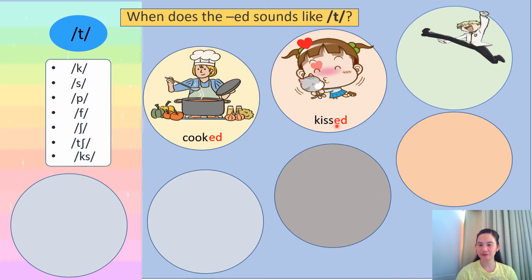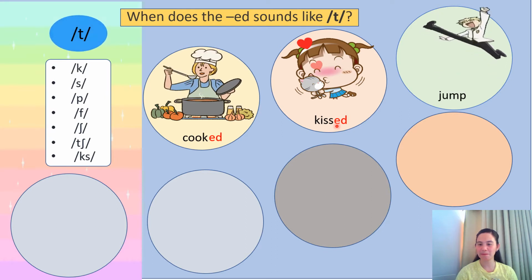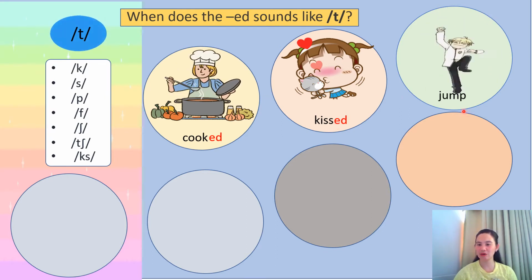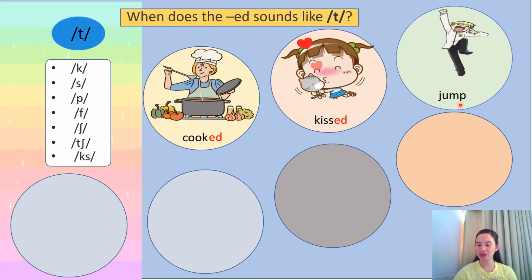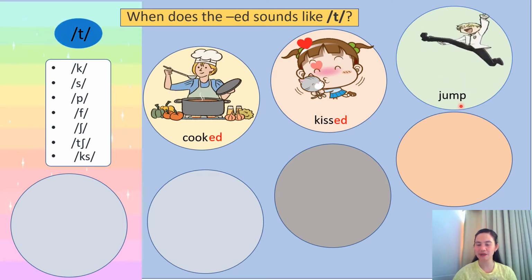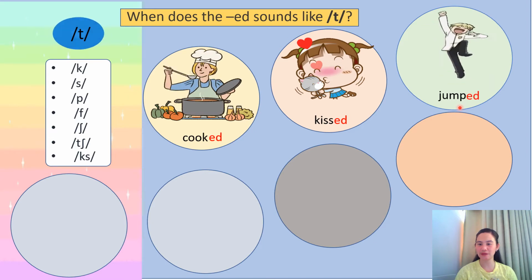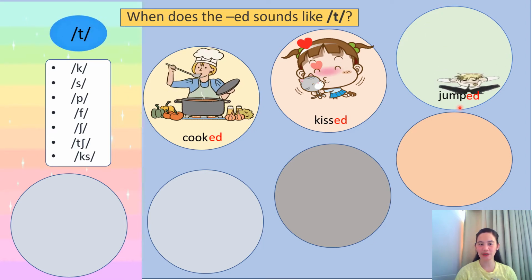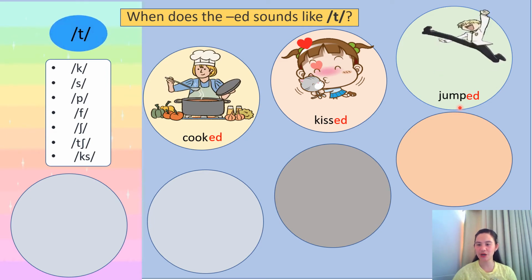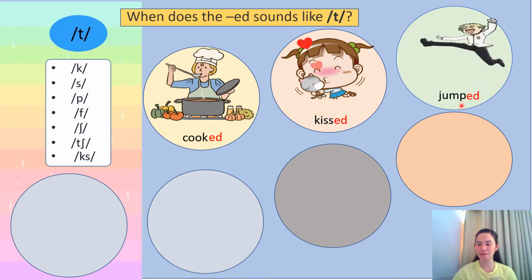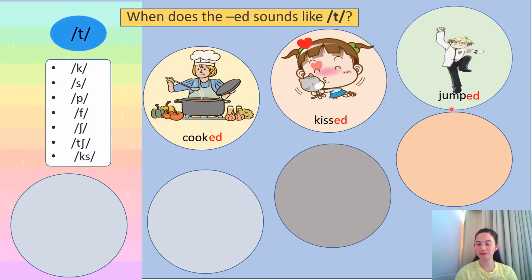Next word, jump. The last sound that you can hear in the simple form jump is p. So let's make it into past tense by adding suffix ed at the end. The ed here sounds like t because the word jump ends with the sound of p. Let's read the word jumped.